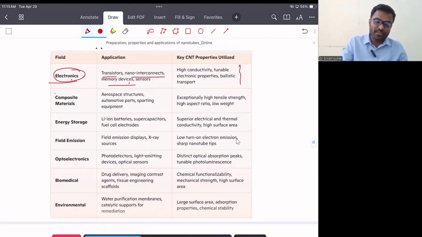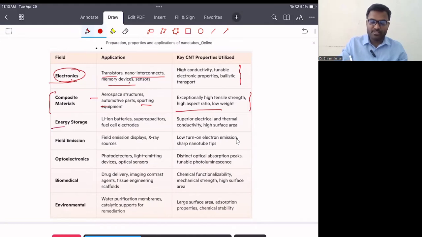For example, in composite materials, we can use CNT in aerospace, structures, automobiles, and sporting equipment. Here we are using the high tensile strength, high aspect ratio, and low weight of the material, so that we can use it in aerospace materials.